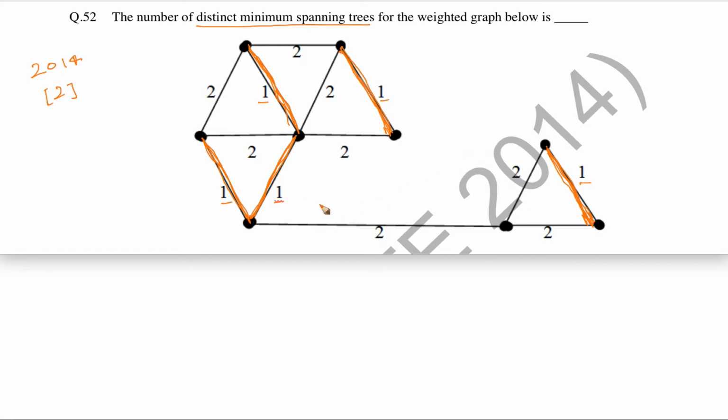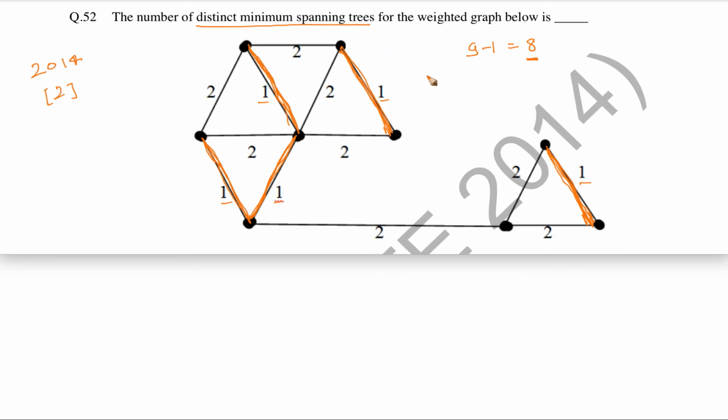Now let's come to 2. Firstly let's see how many nodes are there. 3 to 5, 5 and 3, 8 and 1, 9. Okay, so 9 nodes are there overall in this graph, so 9 minus 1 is equal to 8. So 8 different edges are going to be there in our minimum spanning tree.